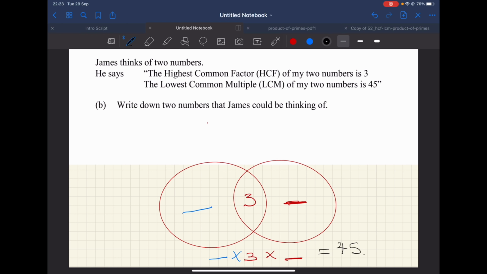All right, automatically what that means is this number times this number gives us 15. Well, that's simply because 45 divided by 3 equals 15.